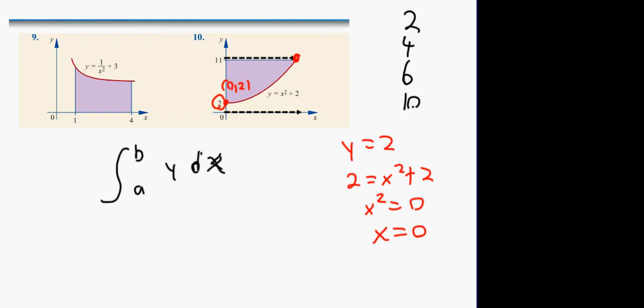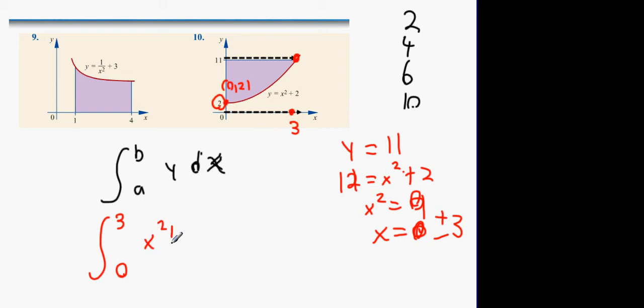Then we go to this point here, 11. This time y equals 11, so 11 equals x squared plus 2. This makes x squared equal to 9, so x equals plus or minus 3. But which one is it? Plus 3. The reason it's plus or minus 3 is that it's a symmetrical curve. We now know the x limits are 3 and 0.